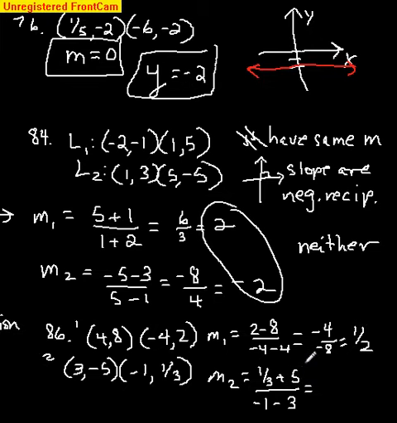5 is the same as 15/3. You just multiply 5 by 3. And so we're going to get 16/3 over negative 4 over 1. I think there was something wrong on that one. 2 minus 8 is negative 6.